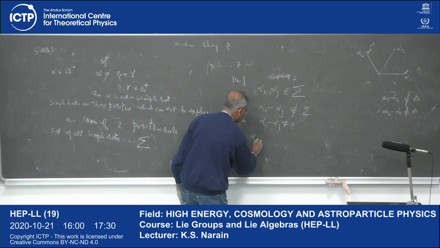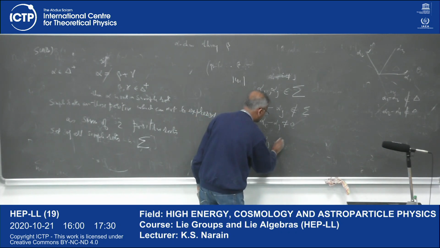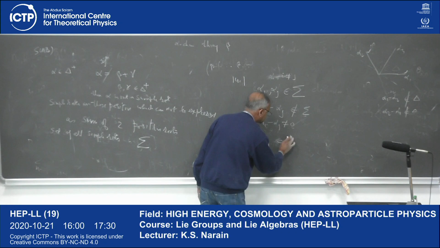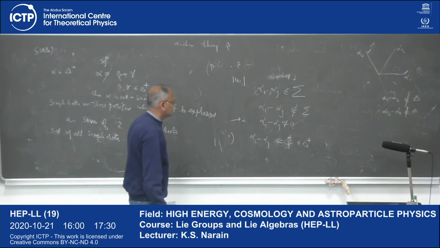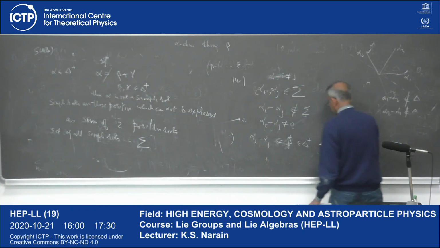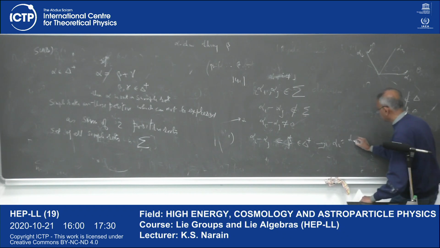Either alpha i minus alpha j is a positive root, so it belongs to delta plus, which means it is equal to some beta belonging to delta plus. But that is impossible, because this would imply that alpha i equals alpha j plus beta.